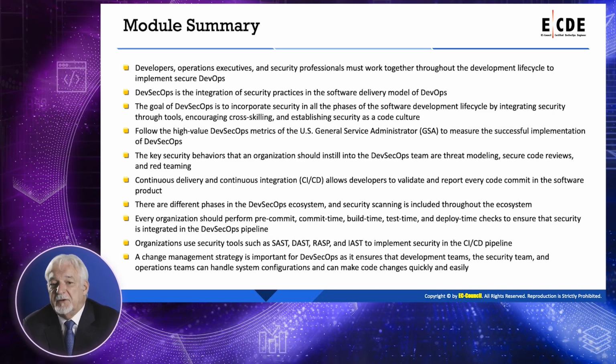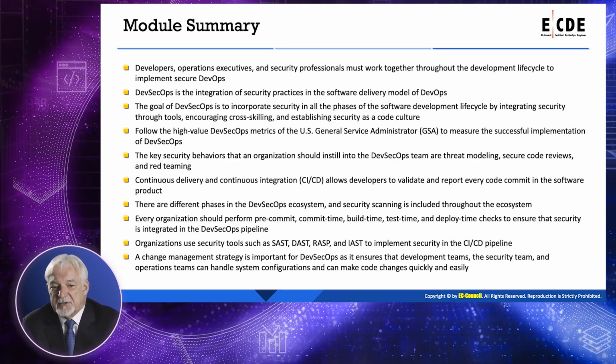Continuous delivery and continuous integration allows developers to validate and report every code commit in the software product. There are different phases in the DevSecOps ecosystem, and security scanning is included throughout the entire ecosystem. Every organization should perform pre-commit, commit time, build time, test time, and deploy time checks to ensure that security is integrated in the DevSecOps pipeline.